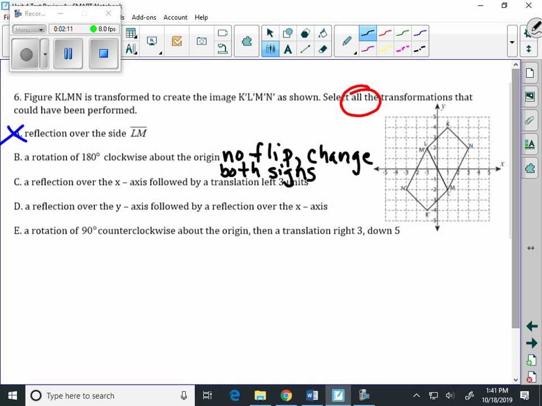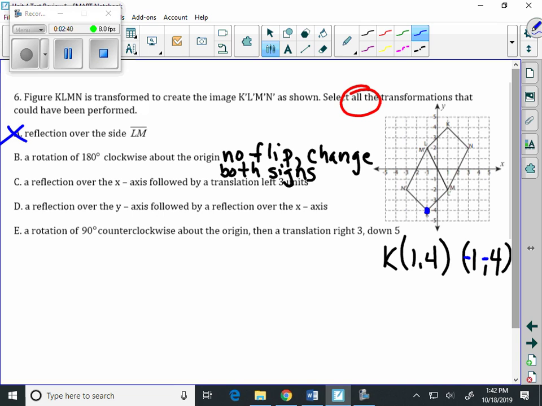So let's pick a point on here, and I'll stick with K. And the ordered pair for K is 1, 4. Again, for the 180, counterclockwise or clockwise, no flip. But we're going to change both signs. So -1, -4, well, that's a positive start there. So we landed on that.